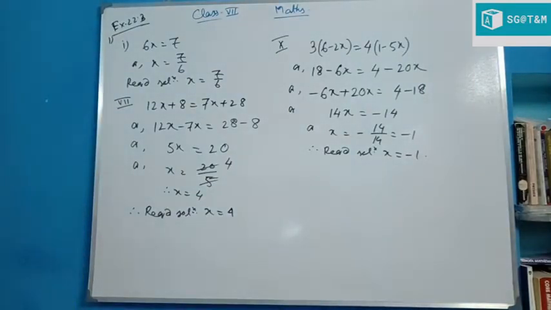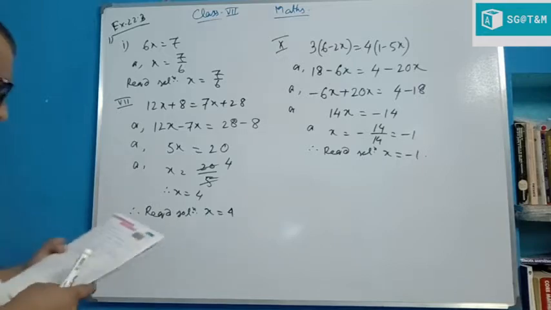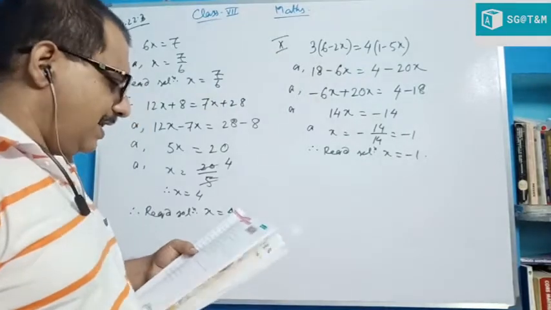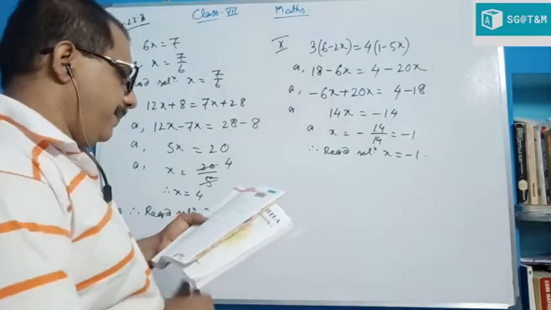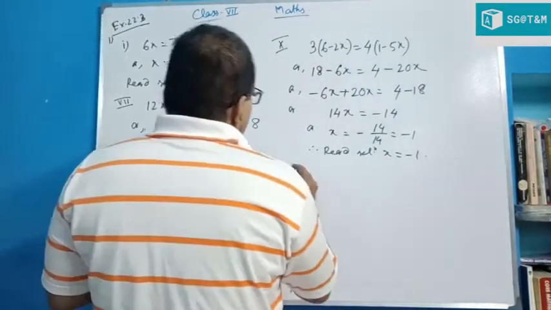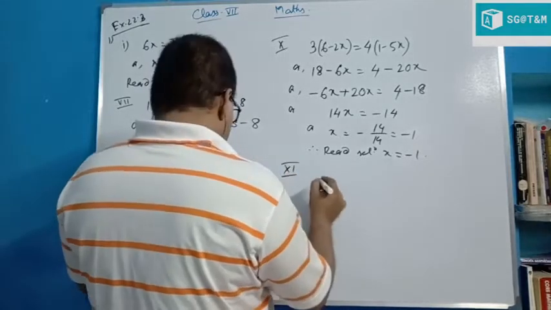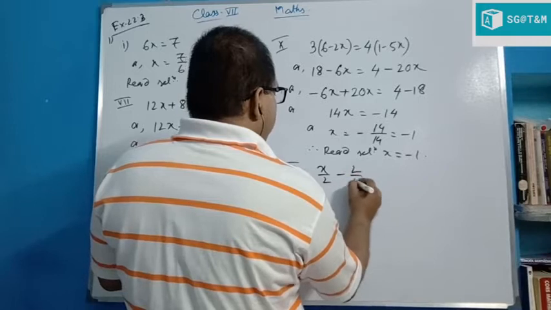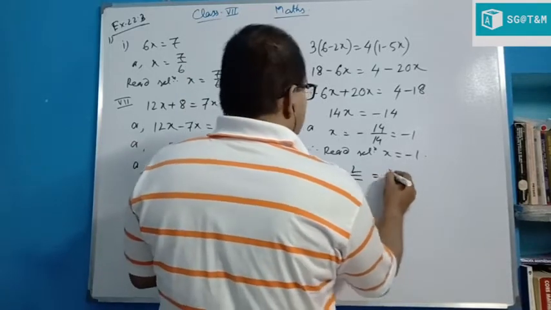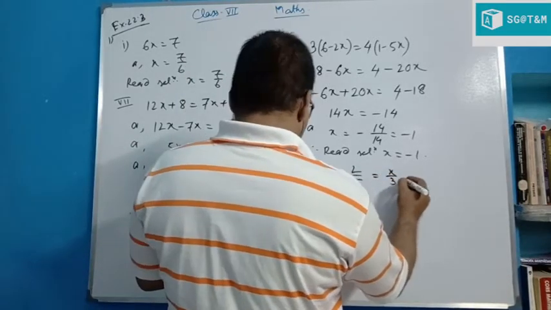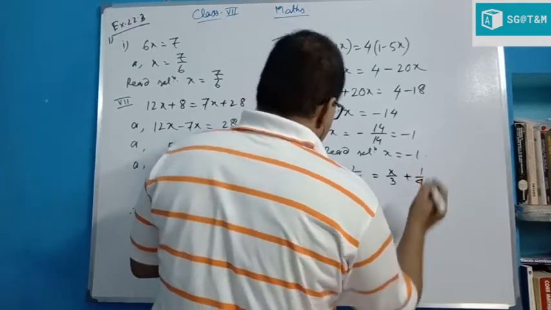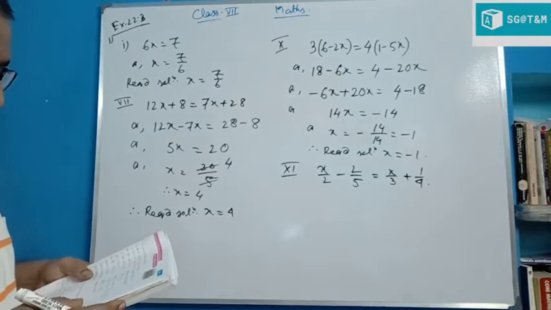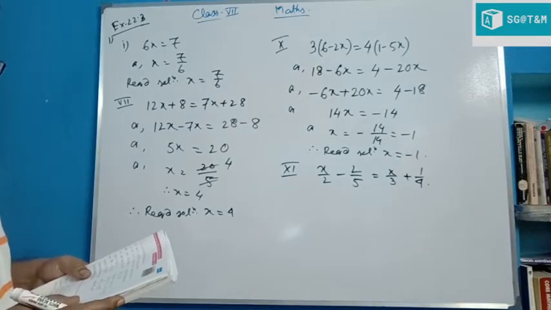Next, very easy problem. All are very easy, most probably. Next, sum number 11: x by 2 minus 2 by 5 is equal to x by 3 plus 1 by 4.